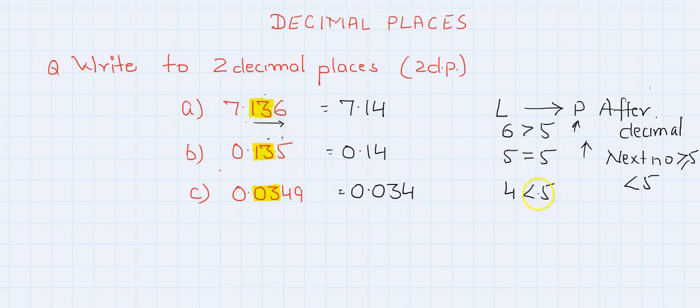And if the number is less than 5, you leave it as it is up to that number. So this is 0.34. We are not going to write 4 here because we have to write up to 2 decimal places only. So this is the answer. So you can see we are having here 2 places of decimals, same 2 places of decimal, and same 2 places of decimal. So 2 decimal places.